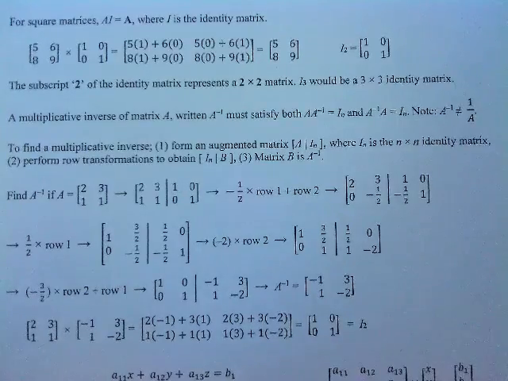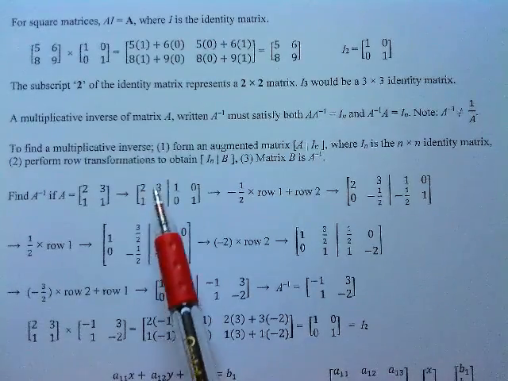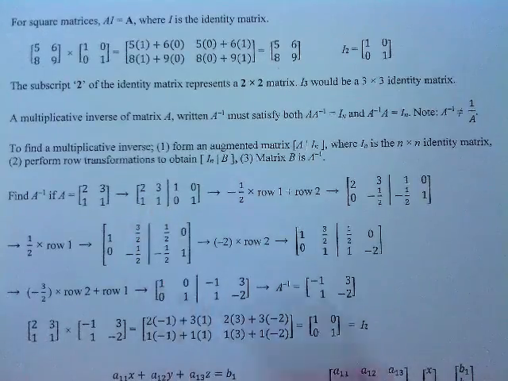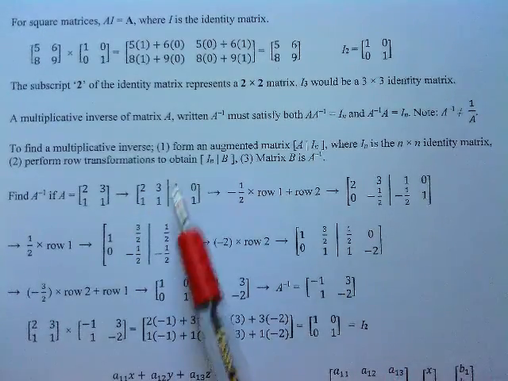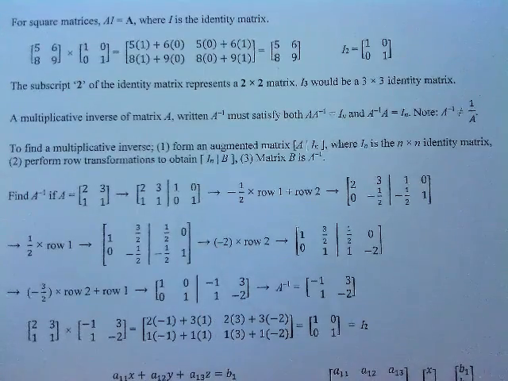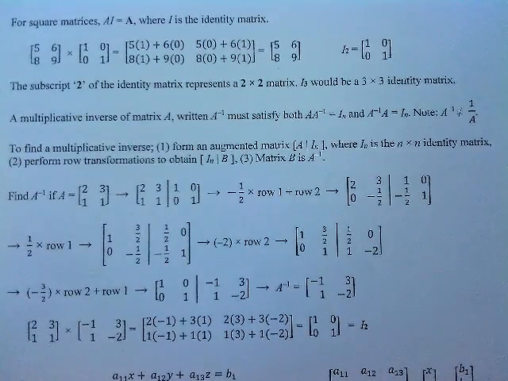The process is very simple, and it's similar to something that we've done before. We want to turn these into 1, 1, 0, 0, so it looks just like this part, and whatever this part becomes in the process, we will end up with the inverse in that second part. So let's go through the process.